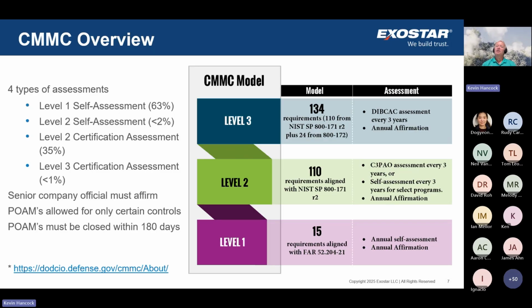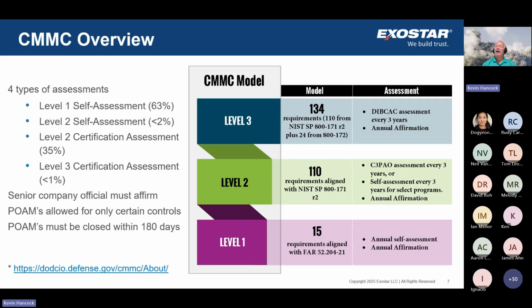If as you go through that third-party assessment, that third-party assessor finds an issue with one of those controls, if it's a 5 or 3-point control, and each control has a point value, and those are designated in the assessment guide, the assessor will not pass you.